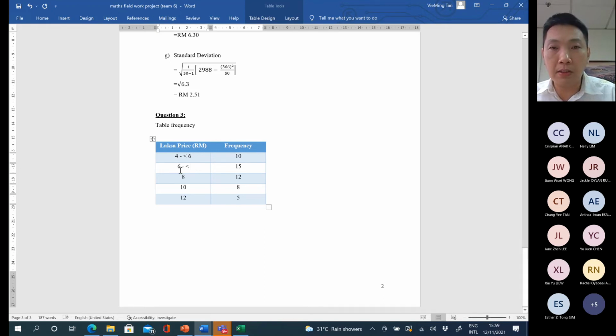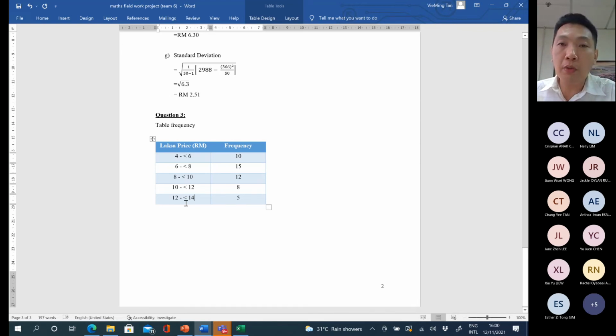So 4 and 5 should be here, 6 and 7, so 8, like this, huh? So that means 8 and 9 are under this class, third class, all right? 10, 11 are under the fourth class. Okay, so then 12 until less than 14. So 12, 13 are under the final class.